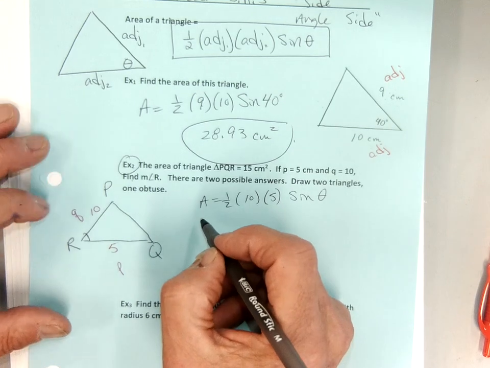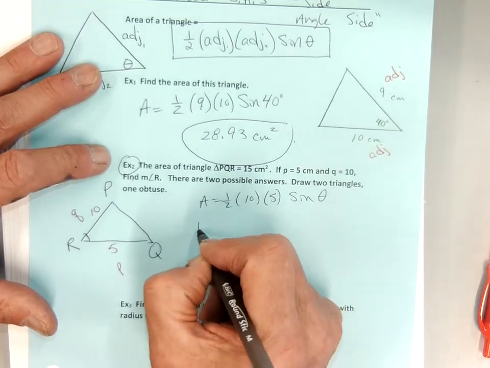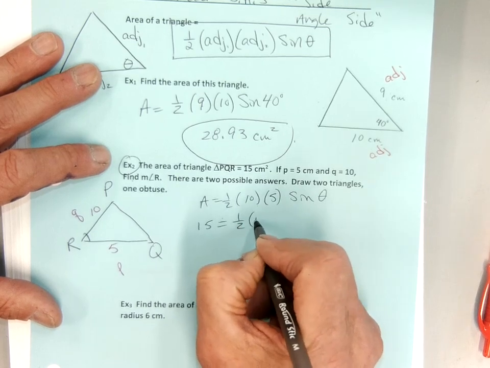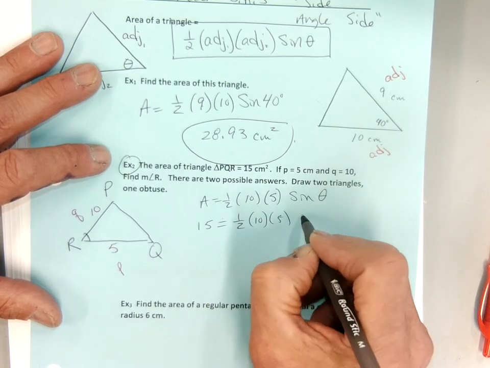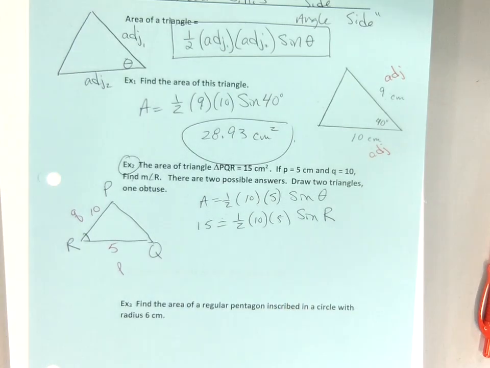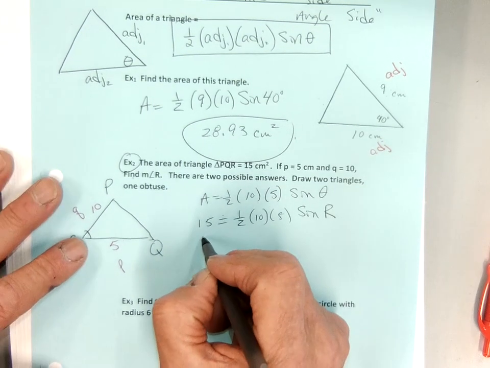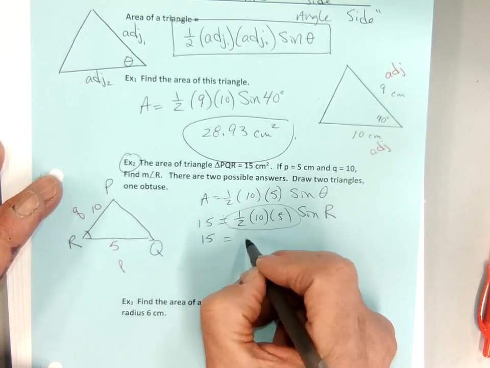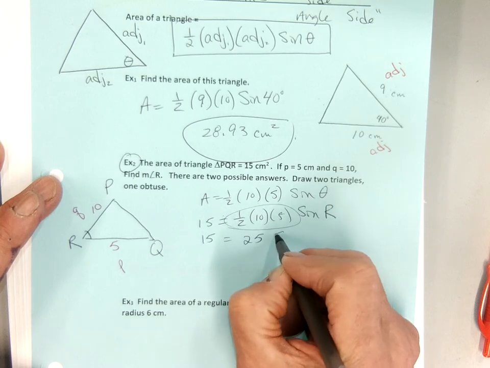I know the area. It is 15. My adjacent's 10, my other adjacent's 5, and I need the sine of angle R. All right? So I know the area, I know the answer, but I don't know the angle. Well, I can do that. All right, so I'd have 15 equals, well, that's 50, but half of 50 is 25.